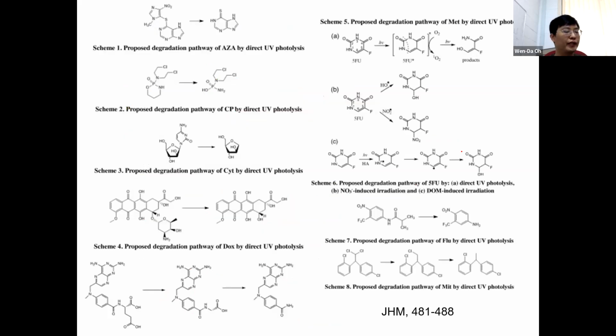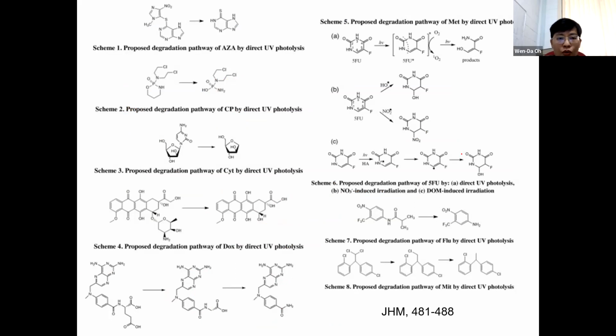Just to show you that this kind of photolysis is actually something that we can use to our benefit. If you look at today's publications and journals, there are many people who look into how UV can be utilized to break down a lot of chemicals in the environment.